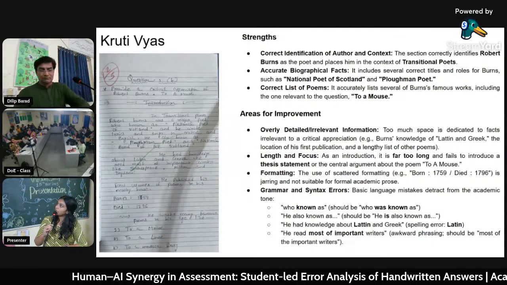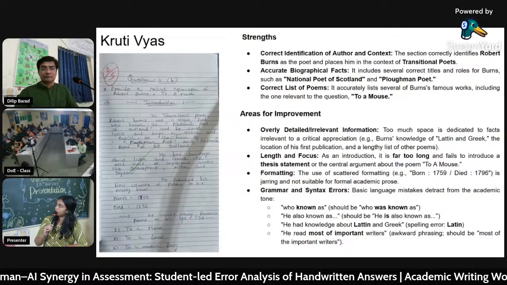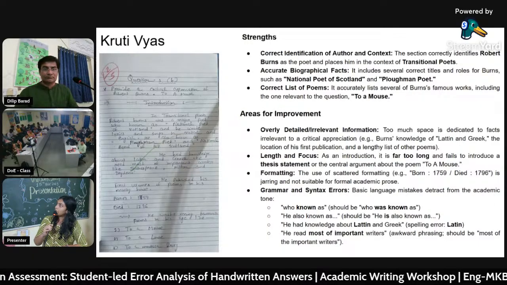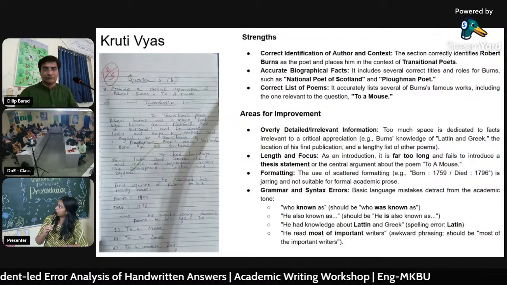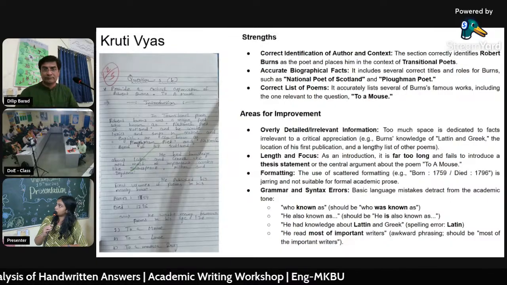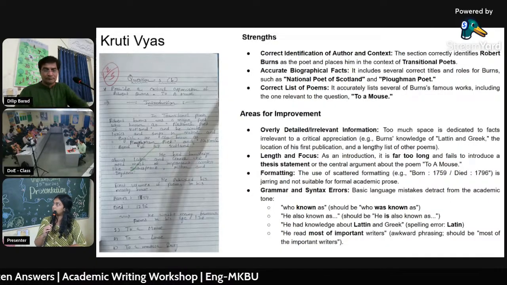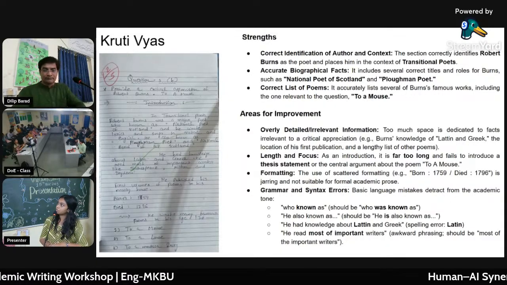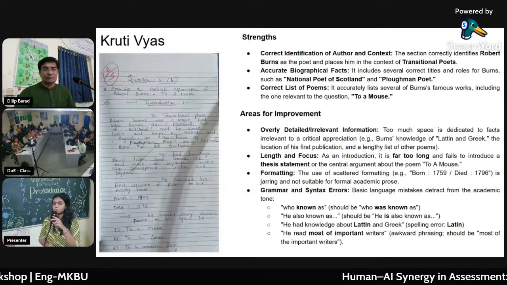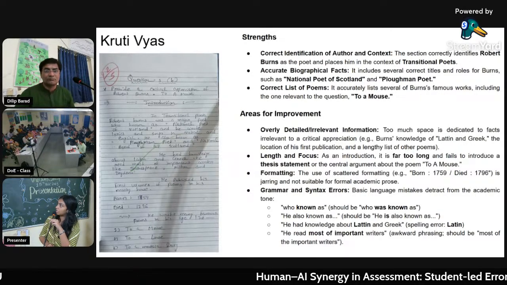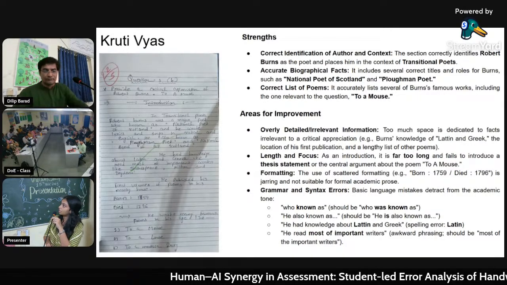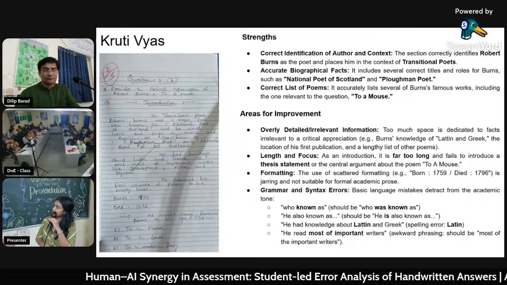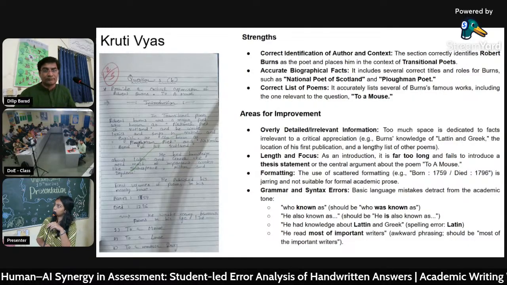She has used accurate biographical facts. It also includes several correct titles and roles of Burns, like National Poet of Scotland and Ploughman Poet. She has also given a correct list of his poems, accurately listing famous works relevant to the question, like To a Mouse.